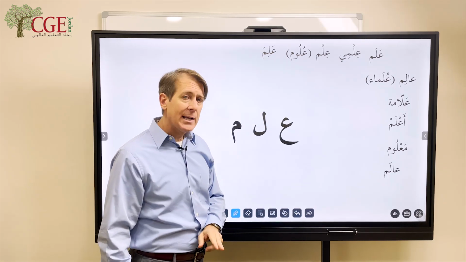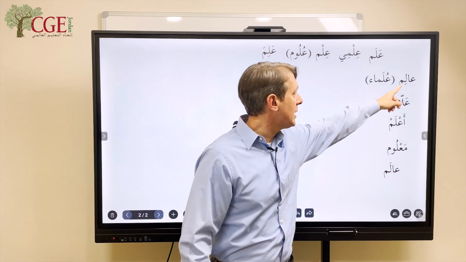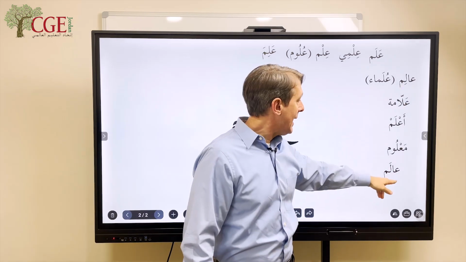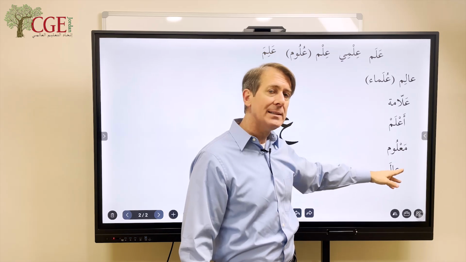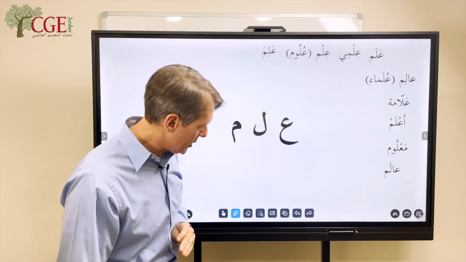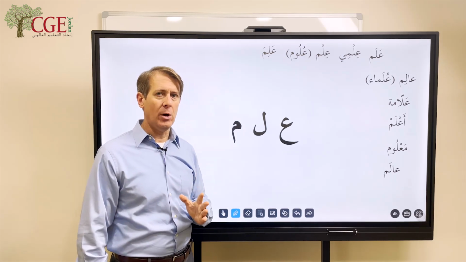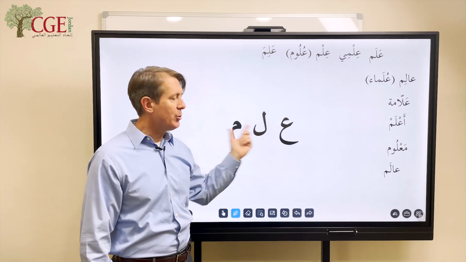All right, the next one, alam. Now notice something here. Alam looks like alim, but alam means globe, or world. So how do we get world from something that has to do with knowledge?